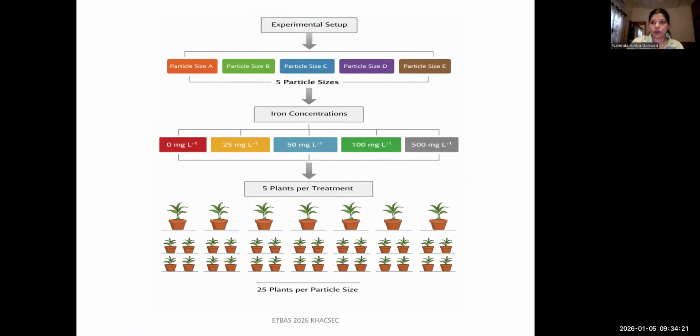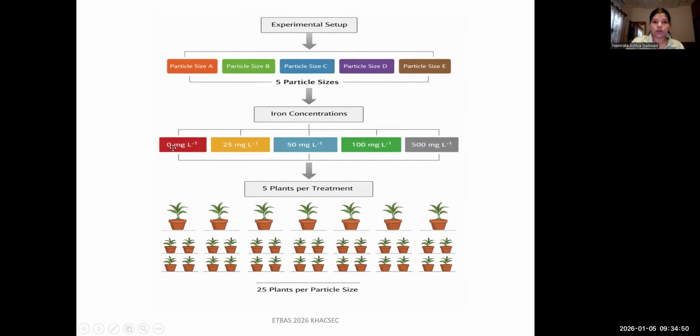So we had 5 concentrations that we used for plant treatment: 0 mg per liter, 25 mg per liter, 50 mg per liter, 100 mg per liter, and 500 mg per liter. The 0 mg per liter concentration is the control, so that we can compare our results with the other concentrations.